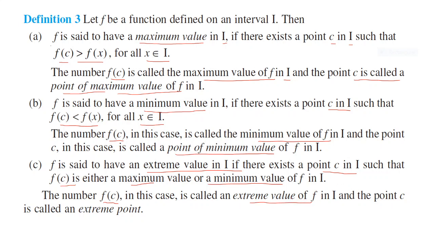It can be either maximum or minimum, and C is called an extreme point. That means it will be either maximum or minimum, and such a point is known as the extreme point.